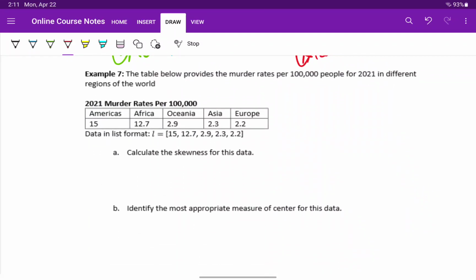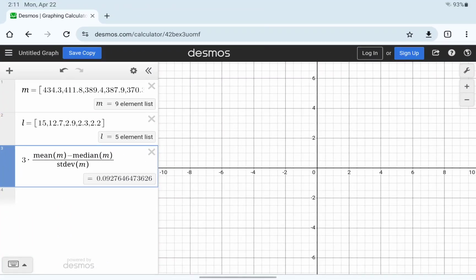In example 7, we have some new data: the murder rates per 100,000 people for 2021 in different regions of the world. So the Americas, Africa, Oceania, Asia, and Europe. I've already got that data entered, and we want to calculate skewness again.